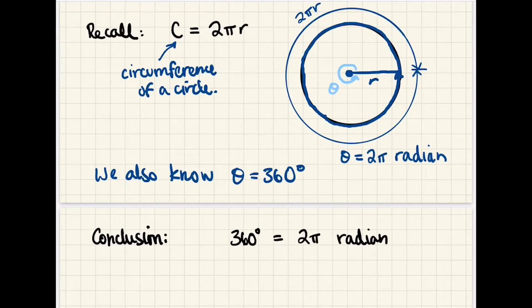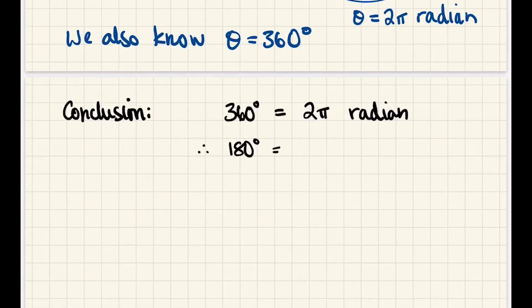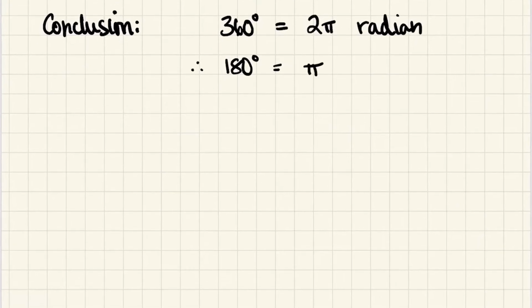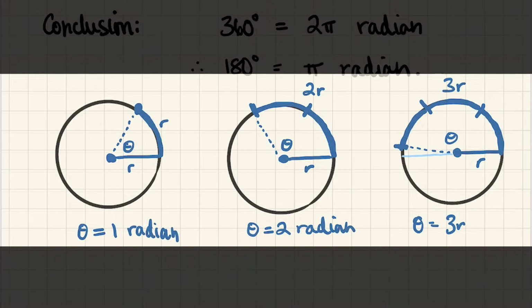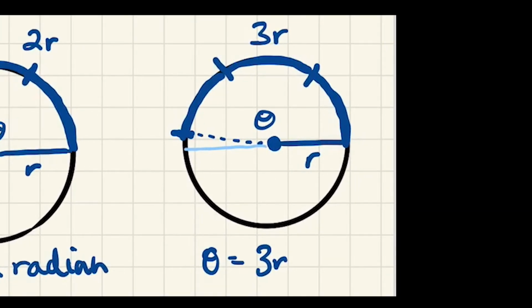We can divide both of those by 2 to get a slightly more convenient conversion. 180 degrees is pi radians. You can see that that's why 3 radians was almost 180 degrees, because 3 is just slightly less than pi. So pi radians would actually be a full 180 degrees.